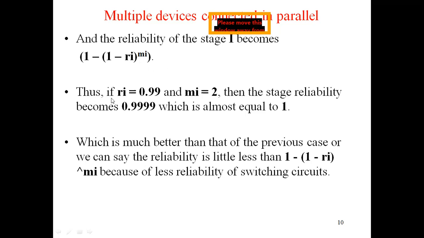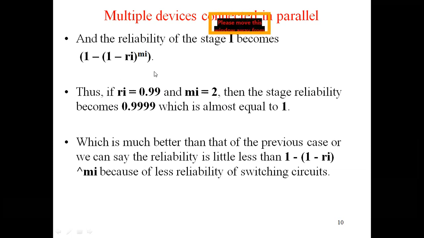So if Ri is equal to 0.99, suppose you take 0.99, what is Ri? Reliability of Di device. And Mi is equal to 2. That means the number of devices of type Di are 2. Then what is the stage reliability?